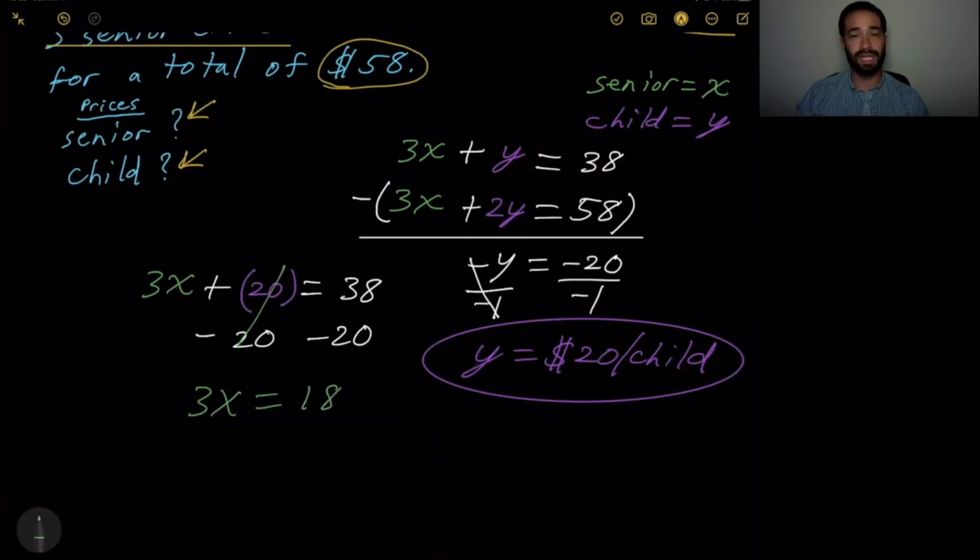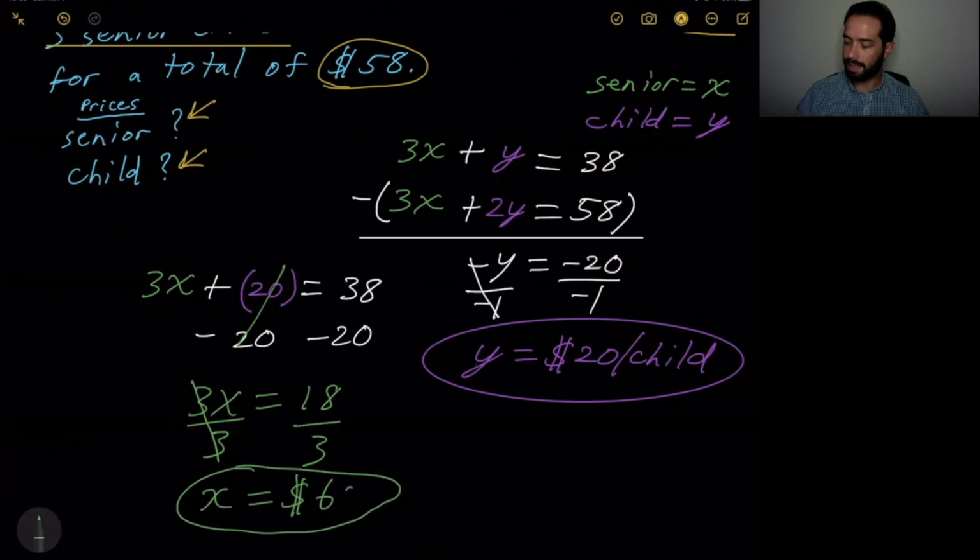And now we have 3x, which means 3 times x. And so we're going to do the opposite on both sides, which is divide by 3. Divide by 3. That cancels out. X equals $6. And that is for the senior.